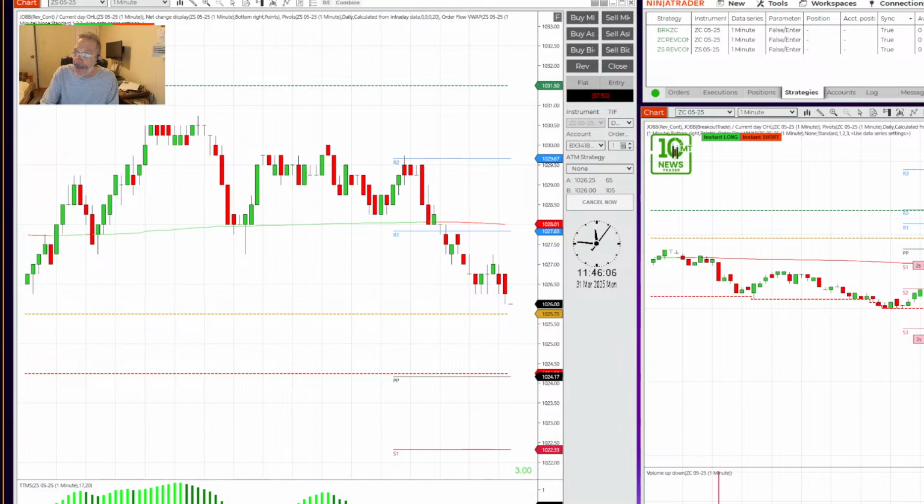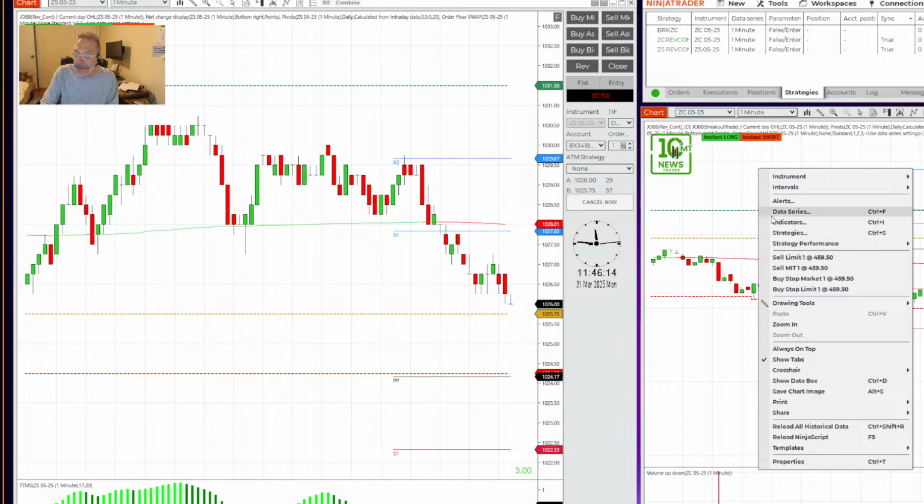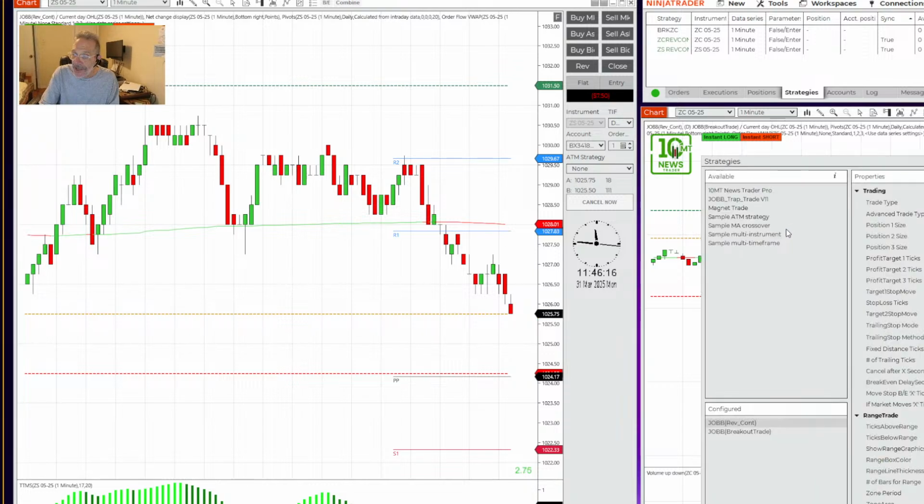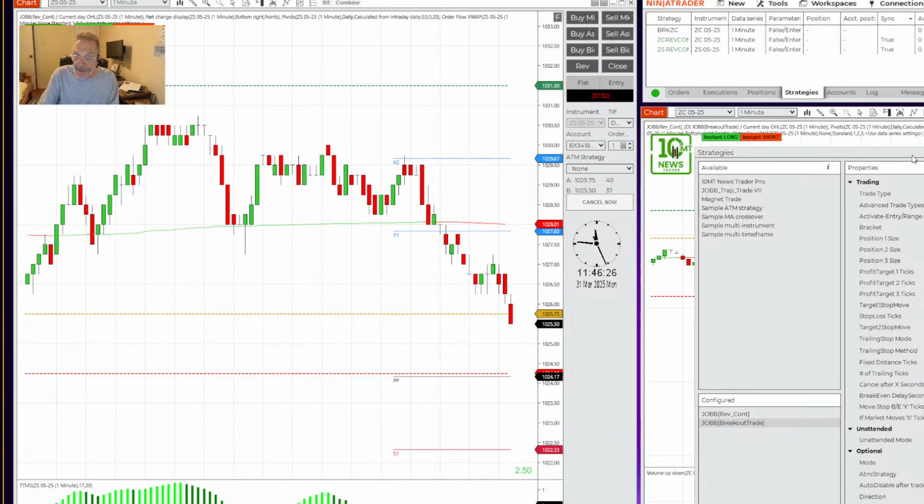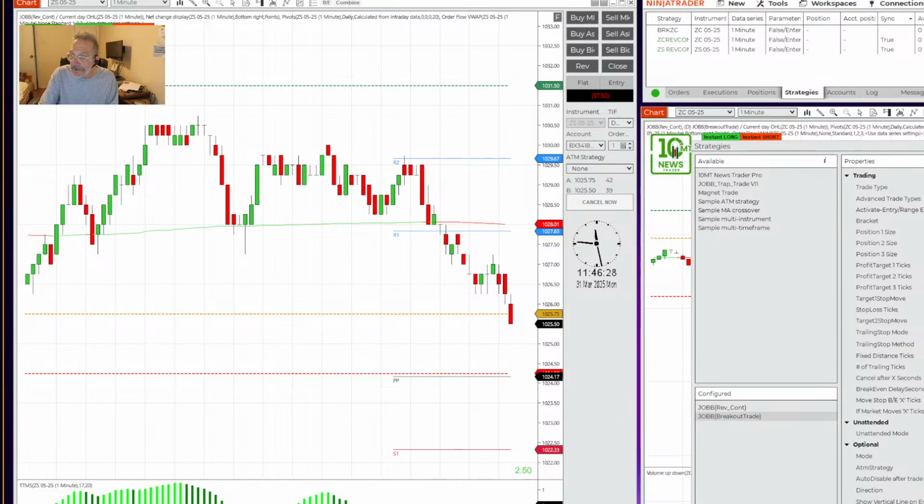So now I can cancel my corn breakout by clicking the enabled button. I'm going to go back, right click, click strategies, highlight the breakout, and put the time back to 11:59:59, with a bracket of 12.